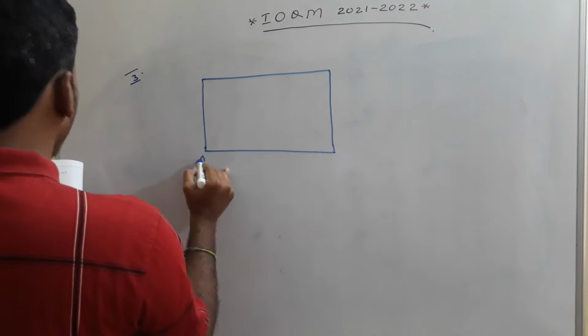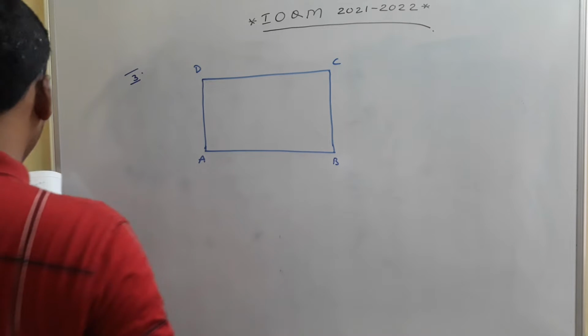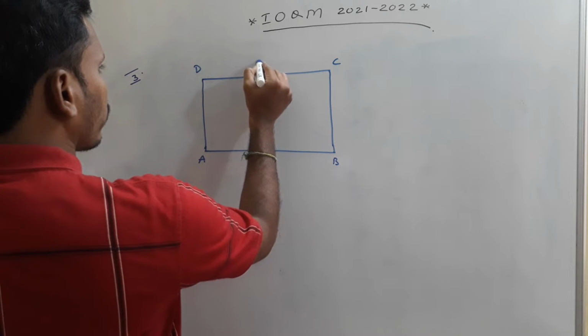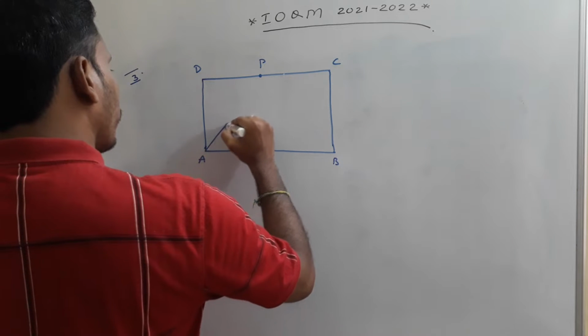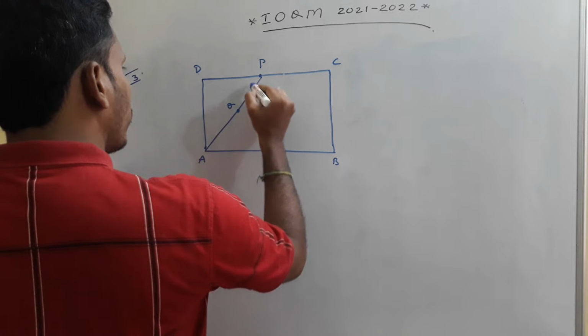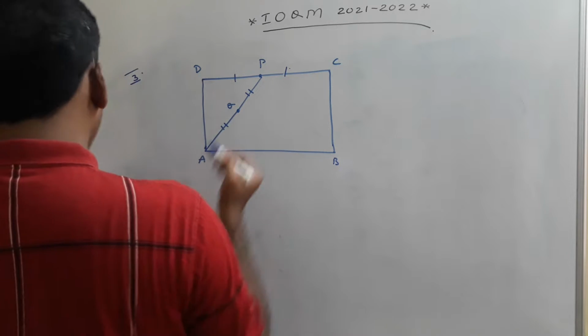We have a rectangle, say ABCD. As given, P is the midpoint of DC and Q is the midpoint of AP. If we join AP, we have Q, the midpoint of this AP.